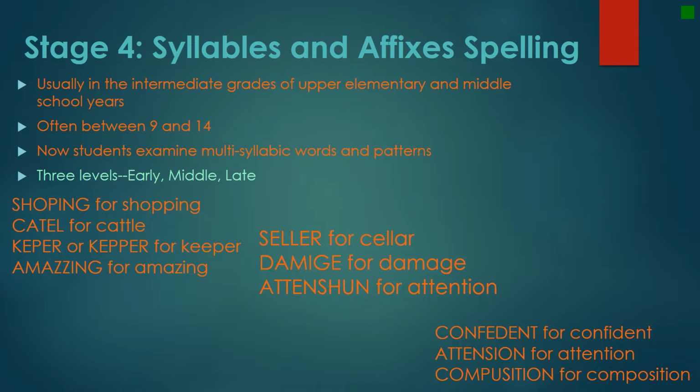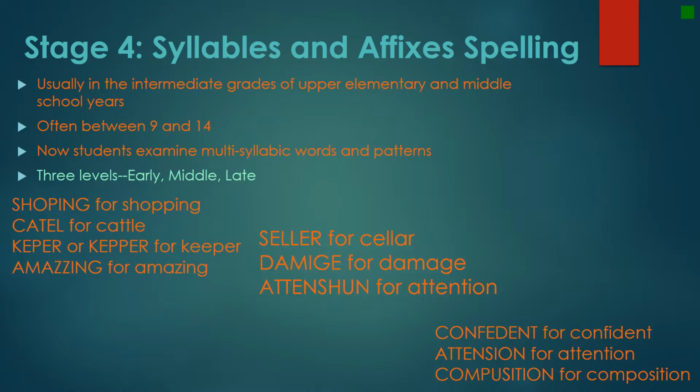Now the fourth stage, syllables and affixes spelling, is usually intermediate grades, maybe upper elementary, middle school years, between 9 and 14. Students in this stage are beginning to try to spell multisyllabic words and trying to understand patterns.